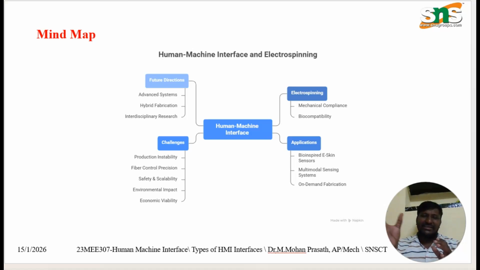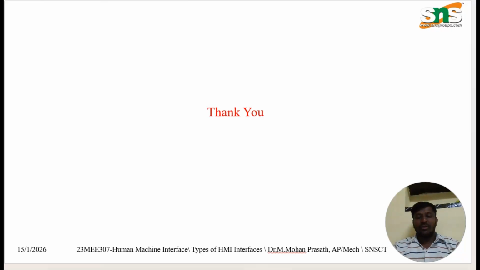However, the challenges in the electrospinning technique involve production stability, fiber control precision, safety and scalability, environmental impact, and economic viability. To overcome these challenges, we will go for advanced systems, hybrid fabrication, and interdisciplinary research. Thank you.